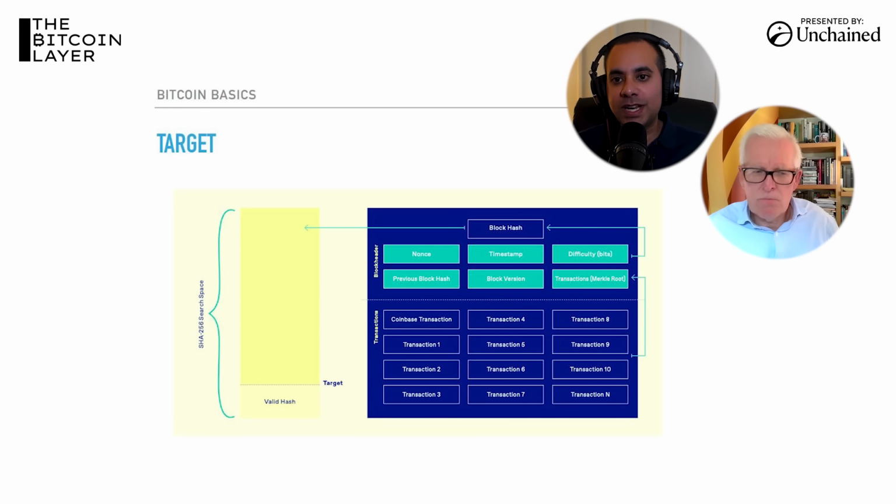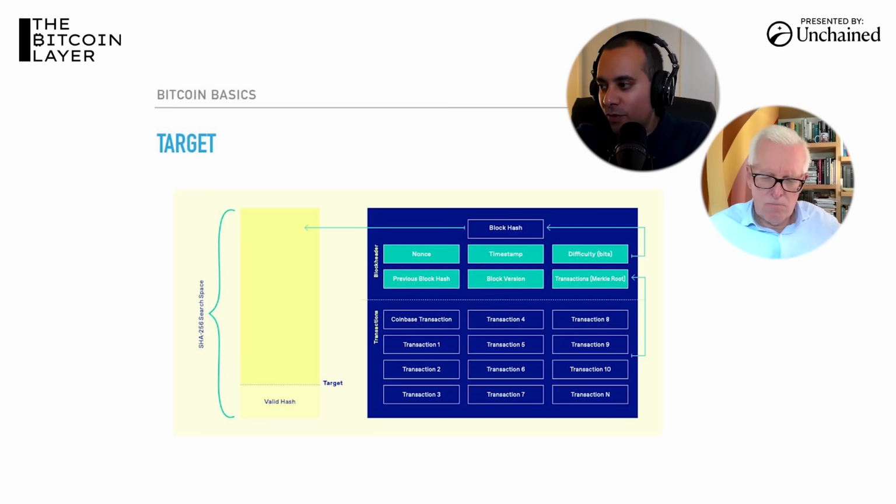So the number of times you can actually hash and spit out a number less than the target is basically infinitesimal. It's incredibly rare. It's incredibly rare to the point where you would have to do it trillions and trillions of times and get lucky.